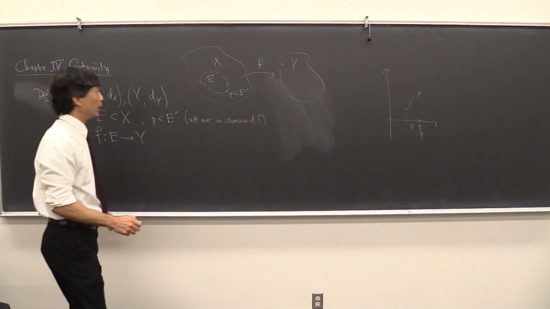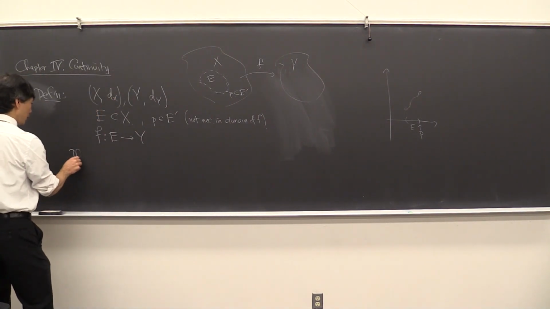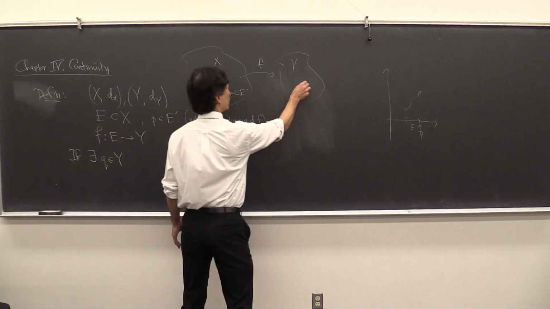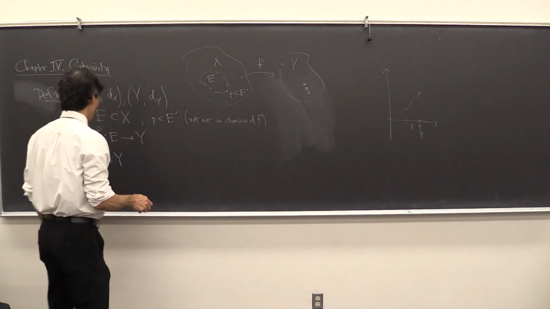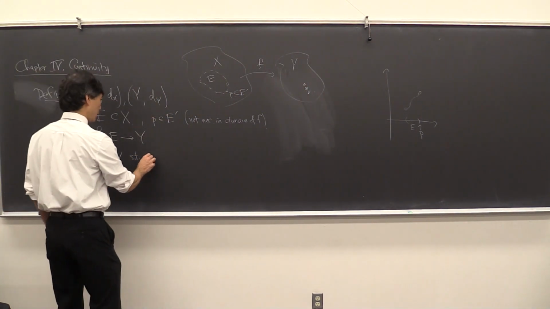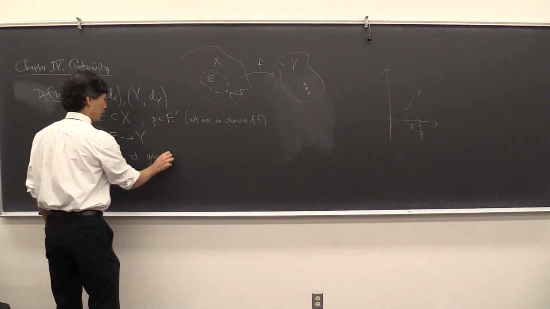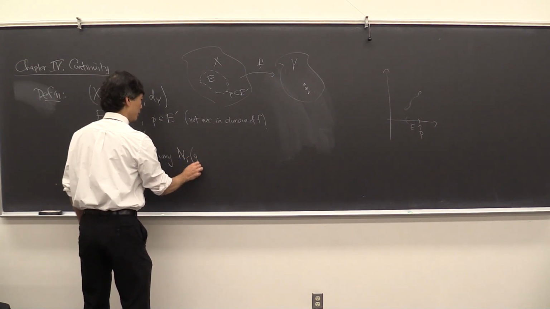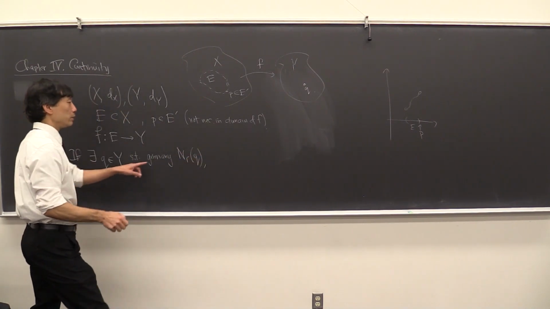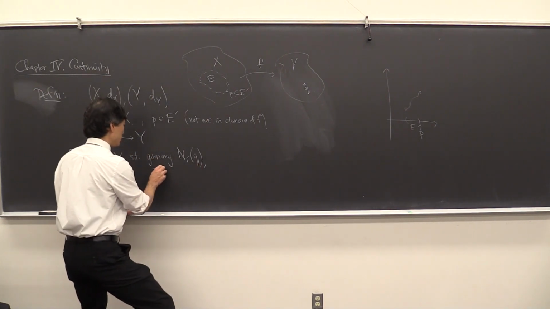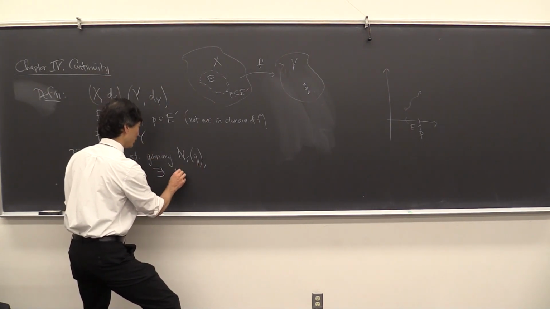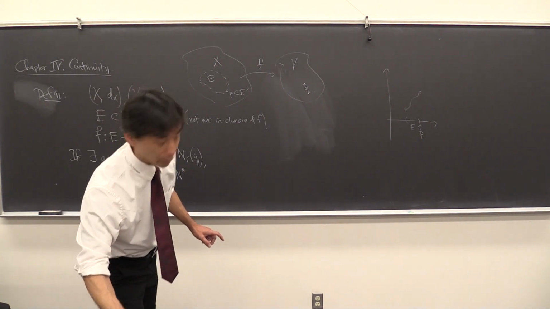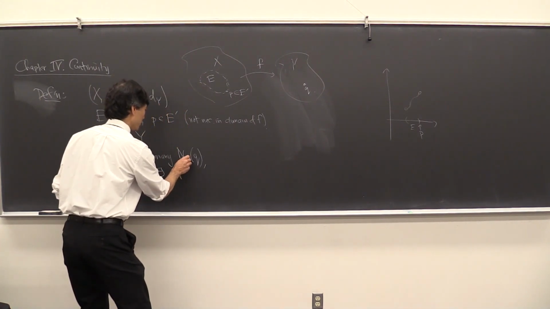So here's how we say it. If there exists a point Q in Y such that, given any neighborhood N_r(Q), there exists a punctured neighborhood. What notation did I use? Oh, I should actually use epsilons and deltas.